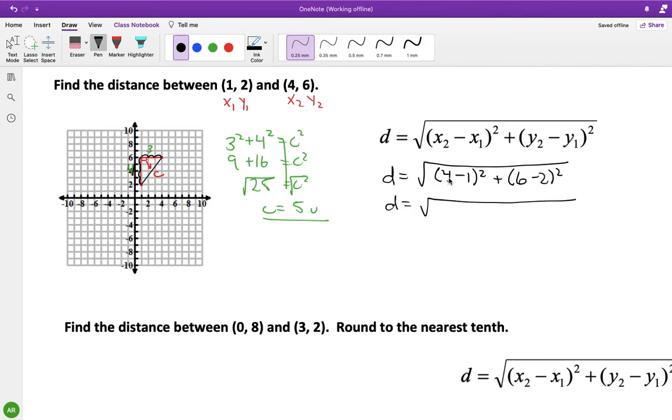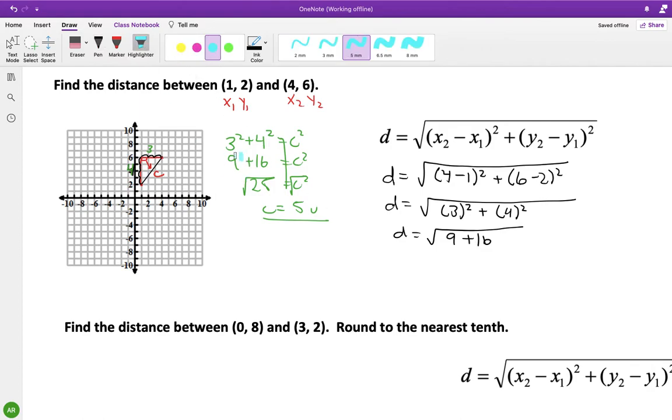Simplify one step further. 4 minus 1 is 3, so 3 squared, plus 6 minus 2 is 4 squared, right? 3 squared is 9. 4 squared is 16. Look at this. We have 9 plus 16 over here. We have 9 plus 16 over there.